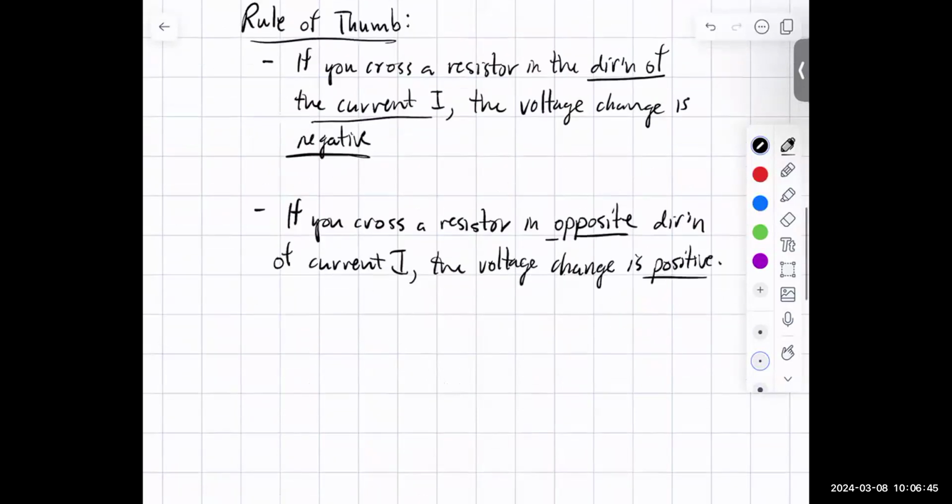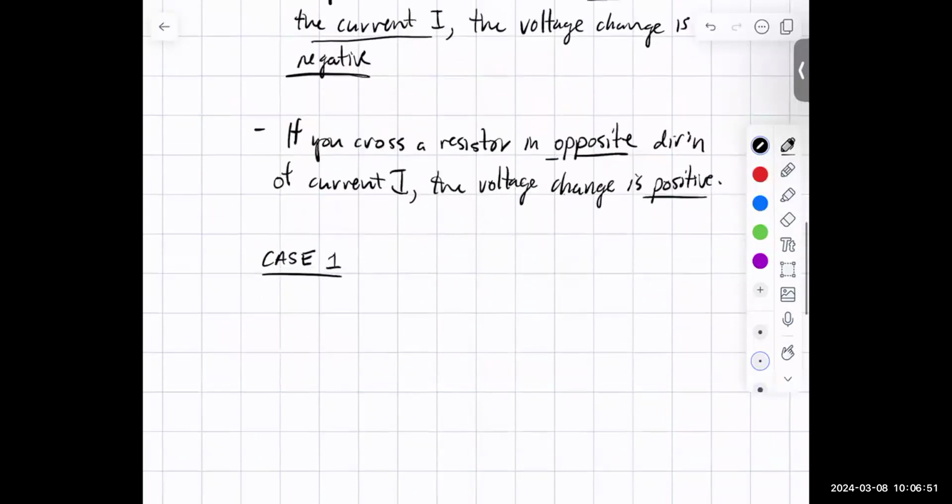So let's try that first case. Let's imagine we're going to cross a resistor. Our resistor will just be some kind of piece of cylindrical metal, a chunk of tin or whatever. Maybe this piece of wire is part of a circuit.